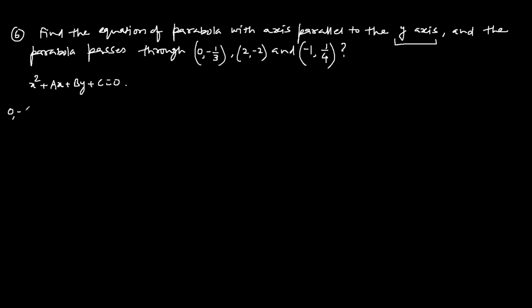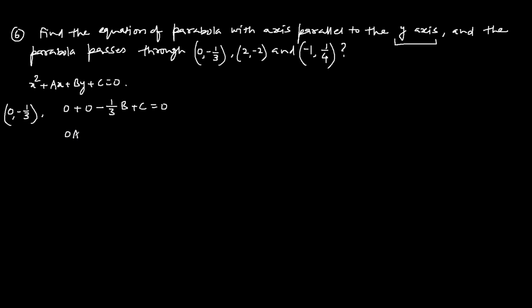So let's substitute 0 comma minus 1 by 3. So 0 square is 0 and then 0a, and b into y is minus 1 by 3 b plus c equal to 0.